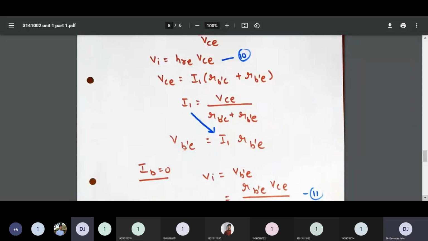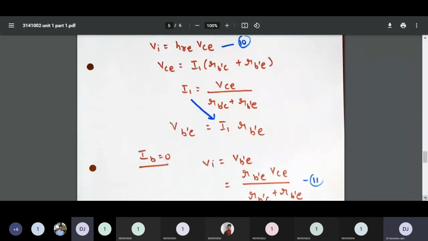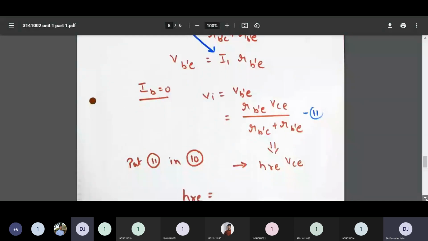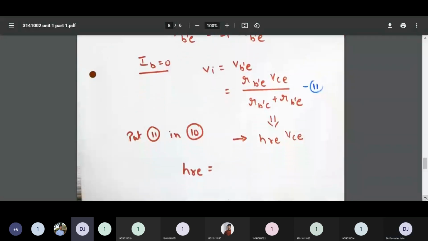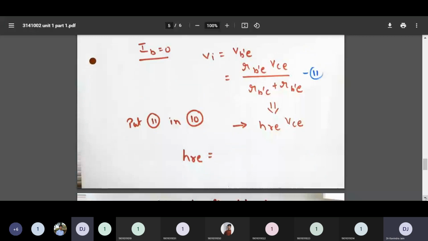Once we calculated VB'E, considering IB is equal to 0, we tried to calculate the HRE model. So HRE becomes RB'E divided by RB'C plus RB'E. From this, we calculated GB'C as well as the other formulas.